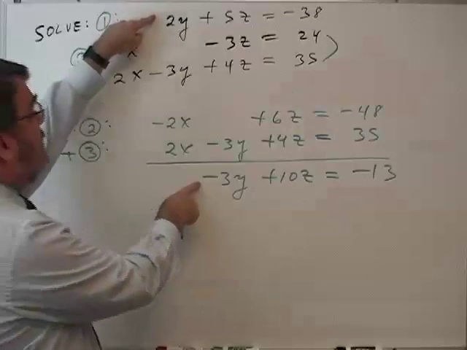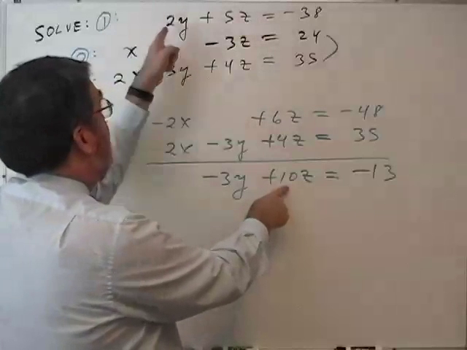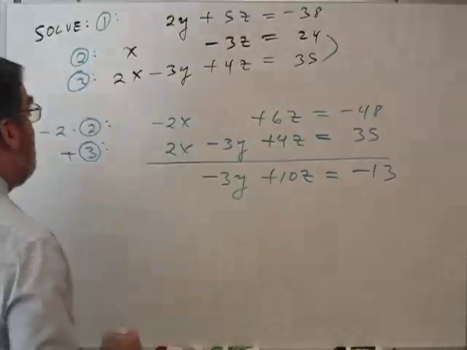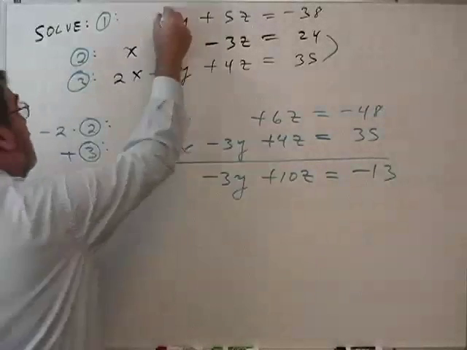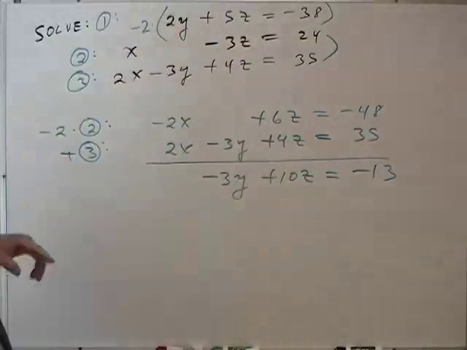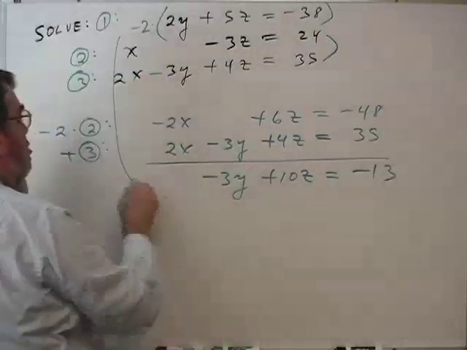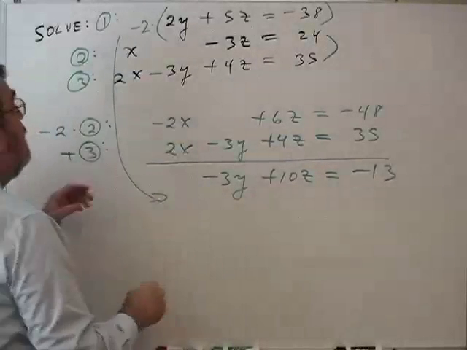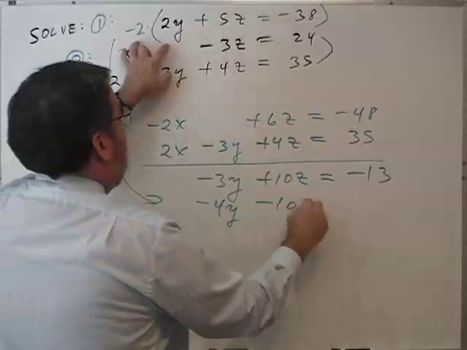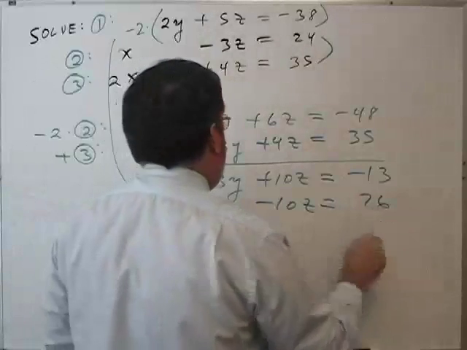And looking at it, 10z with 5z, it looks like I should multiply this equation by negative 2. So if I took negative 2 times the top equation, or negative 2 times equation 1, and I'll write it down here, then we get minus 4y minus 10z equals positive 76.